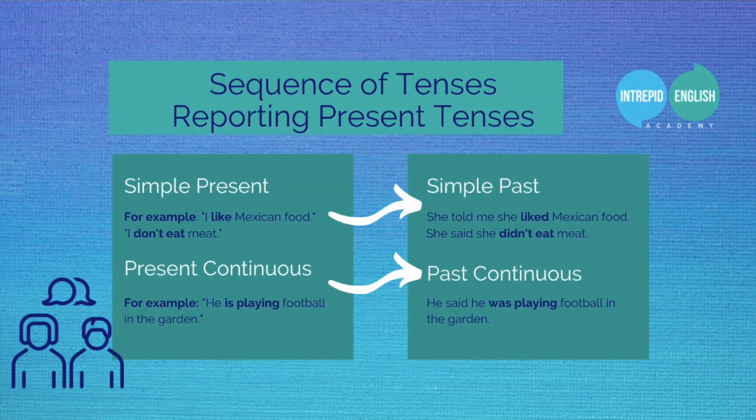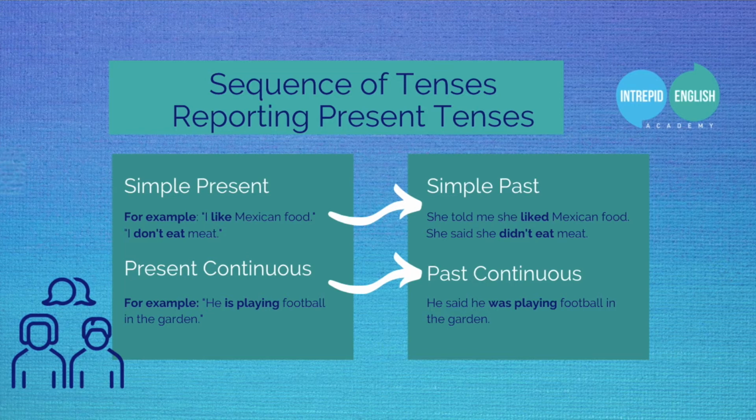Okay, moving on to the next slide. Let's take a look at some examples where we're moving back a tense. Right, so earlier I mentioned to you that the simple present tense in direct speech becomes the simple past in reported speech. Here are some examples. I like Mexican food. I don't eat meat.